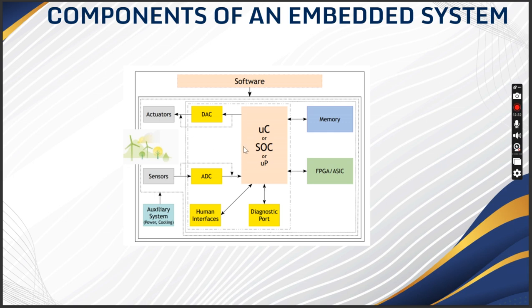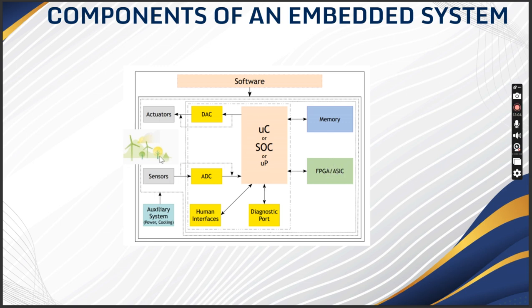Next we have the processing and storage. Storage is used to save data in memory locations. If advanced processing is needed, data may be sent to an FPGA, that is a field programmable gate array, or an ASIC, that is an application specific integrated circuit.